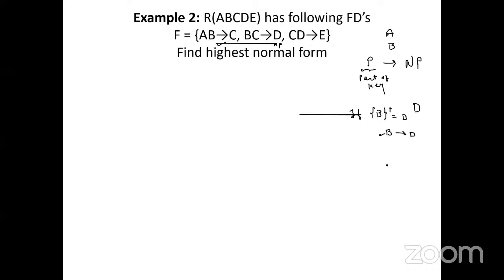So even if BC gives D, for the third dependency, there is no doubt: CD gives C is non-prime to non-prime, so it is allowed for second NF. As far as the second dependency is concerned, BC gives D, partial dependency does not exist here. Hence, it is in the second NF because all three dependencies satisfy.